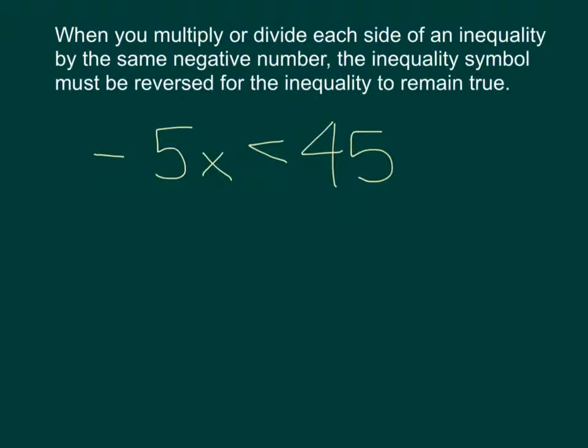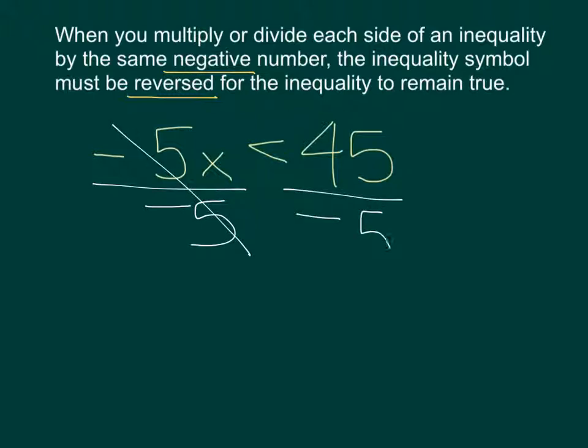When you multiply or divide each side of an inequality by the same negative number, the inequality symbol must be reversed or flipped for the inequality to remain true. So in this equation, we have negative 5x is less than 45. So if we had this as an equation, you would first divide both sides by negative 5 because you're trying to solve for x.